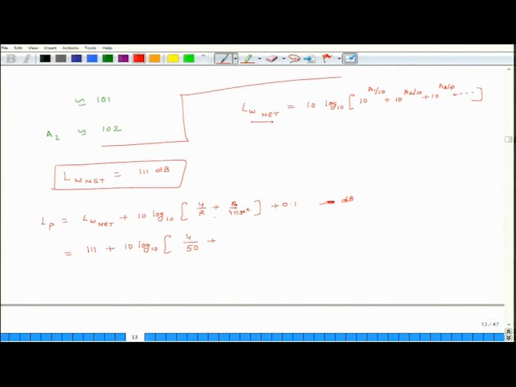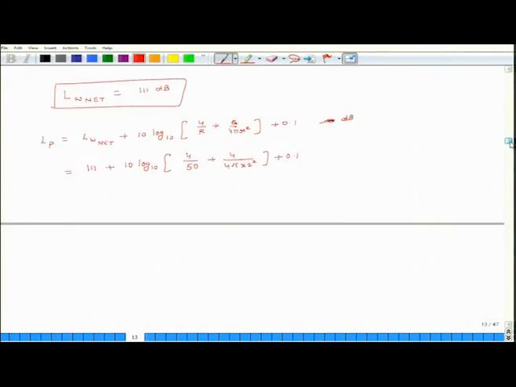This directivity is the same for motor and pump, so I put 4 by 4 pi r square, and r square is 2 square, plus 0.1. If you do all the math, you end up getting 103.1 decibels. So that's what we get.